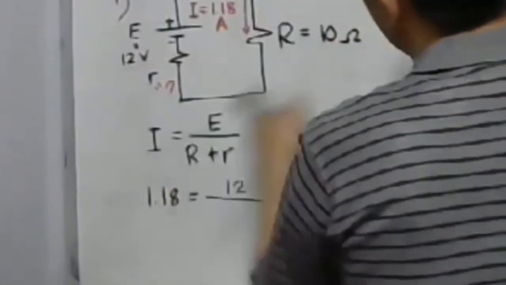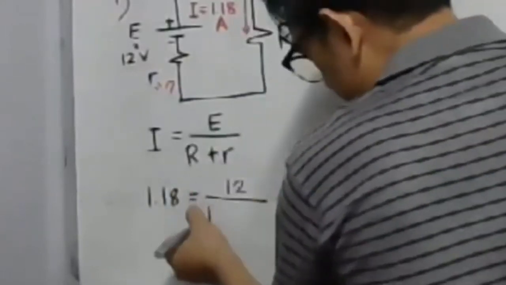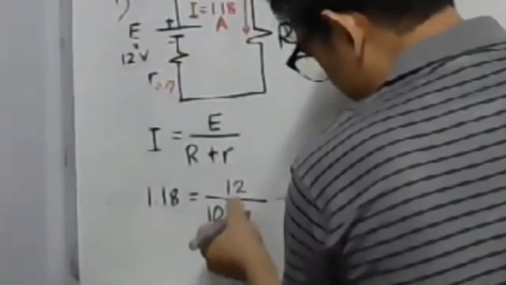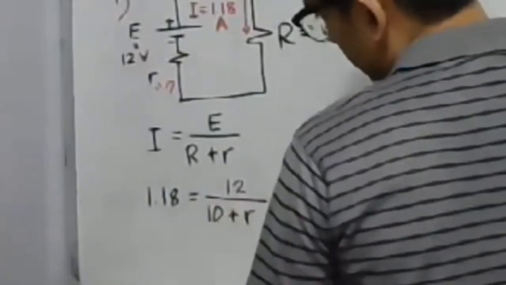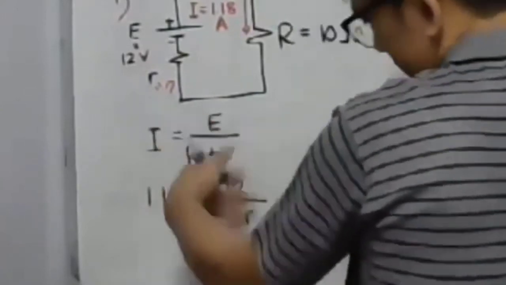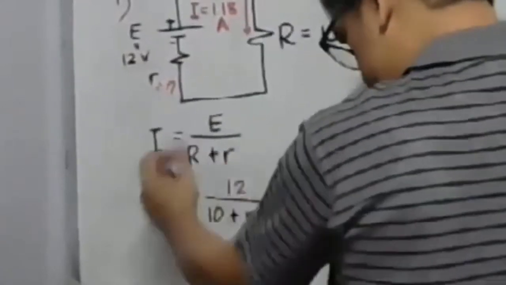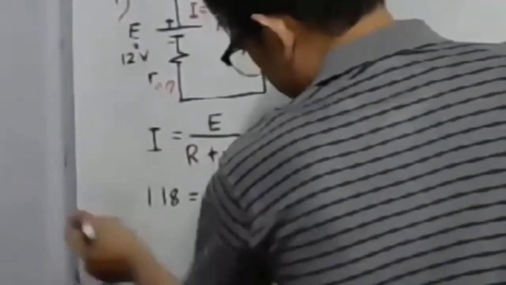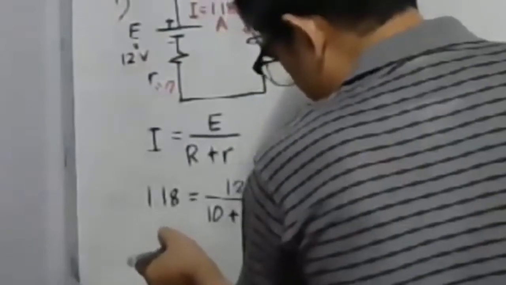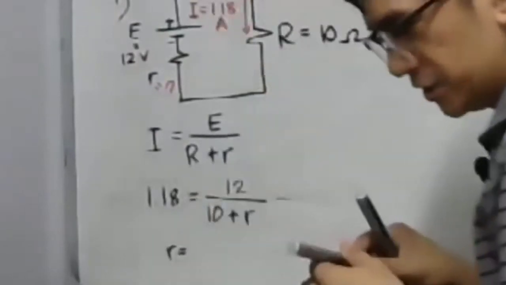Then our load resistance is 10 ohms, plus the internal resistance. Okay. In our calculus, this is very easy. Just shift solve, or we can manipulate this. Since we have a calculator, we can go directly to the final answer.